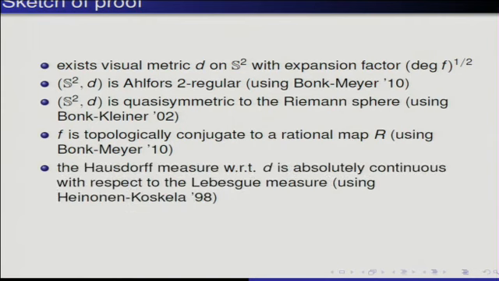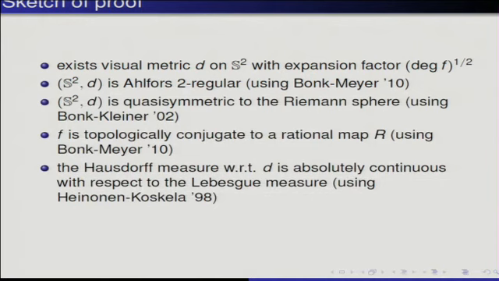Anyway, once we know this, for this rational map, by Juha and Pekka Koskela's theorem, if two locally compact Q-regular spaces are quasi-symmetric to each other, and one of them satisfies a weak 1-Poincaré inequality, some technical inequality, which our Riemann sphere satisfies anyway, then the Hausdorff measure induced by our metric is absolutely continuous with respect to the Lebesgue measure.